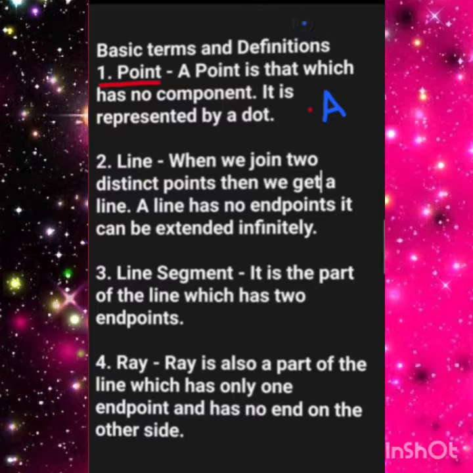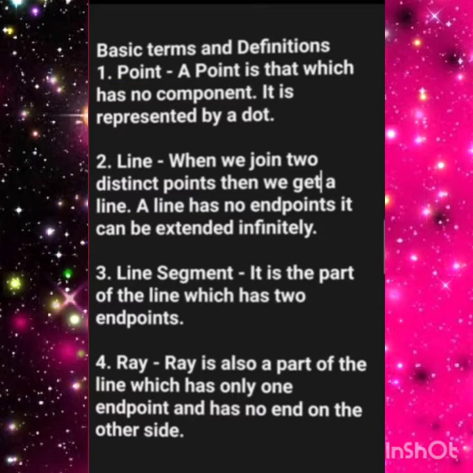If I say this is point B, then okay. If I say this is point X, you can see this point is not having any component. Got it, dear? So, mere with the dot we are representing, and we are naming it by different English alphabets. Got it? So this is the definition of point altogether.